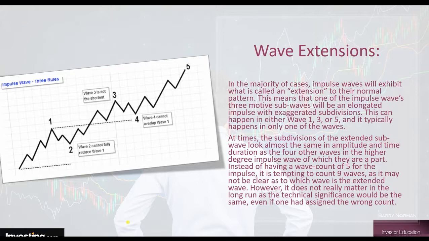So in other words, wave 1, 3, or 5 could go up, or you could have one other movement in the center. But it can't break the rules, but you could end up with a 9-wave pattern as opposed to a 5-wave pattern, but it would still continue up.